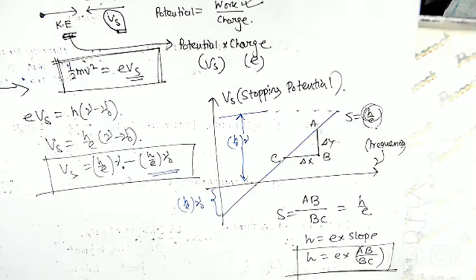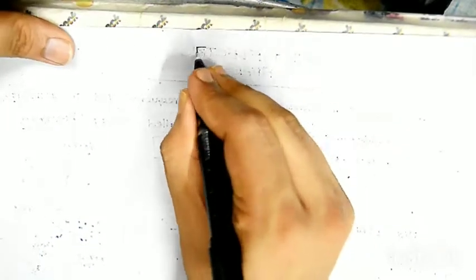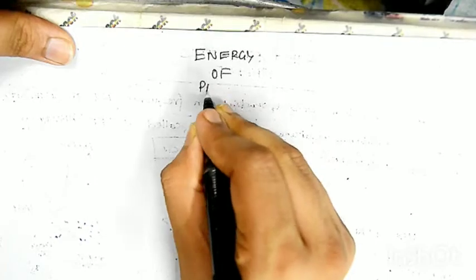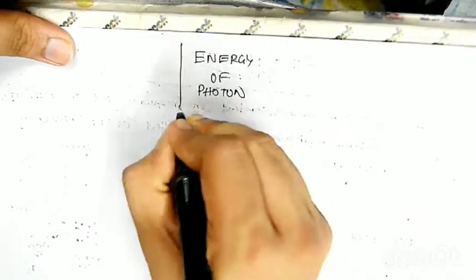Now we can go to an important and very interesting topic that we just declared, that each and every kind of energy radiation has some particles in it, and that particle is called its quanta. In case of light, that quanta is photon. We can calculate the energy and momentum of a photon. Energy of photon, how can we calculate? Very easy.